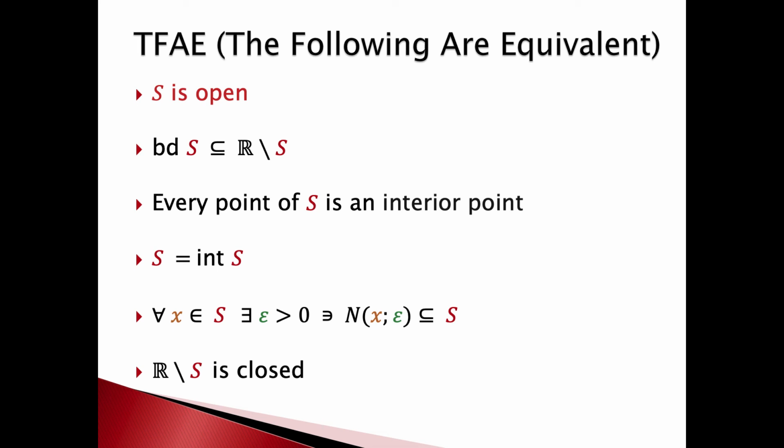So as soon as you suppose that S is open, then all of these things are true about S, and you can use any of them to start writing your proof. Or if you're assuming that S is not open, then all these things are false. So start with that and try to prove something. This is really important, that all these are the same, so you can use any of these in your proofs.